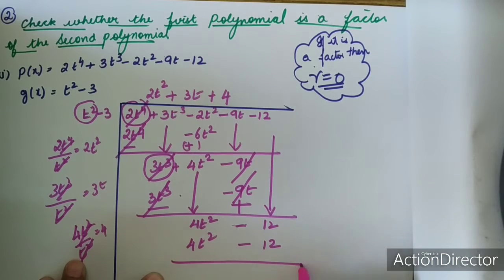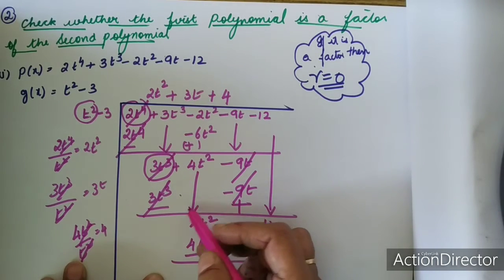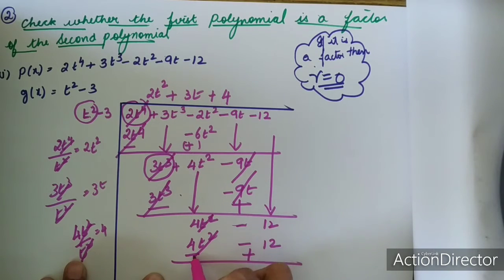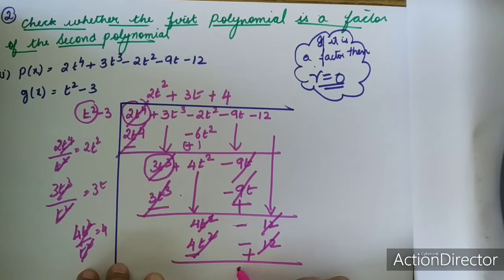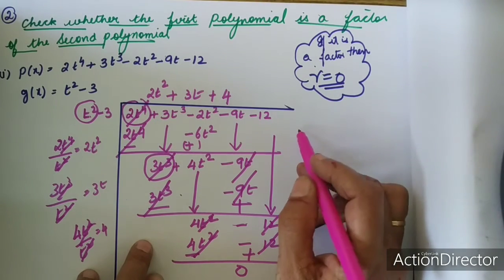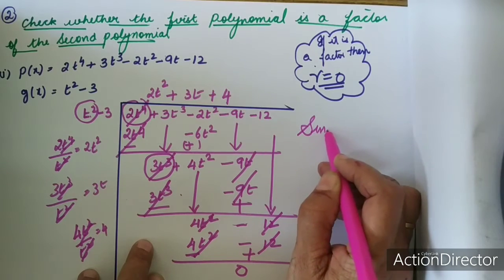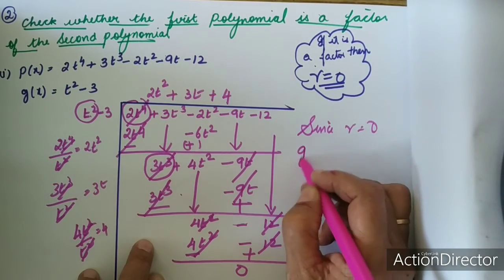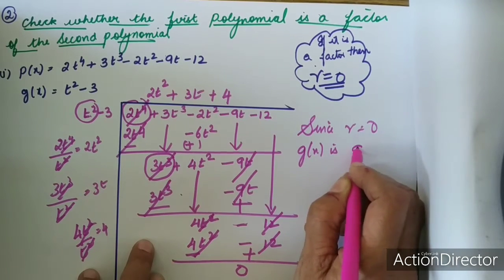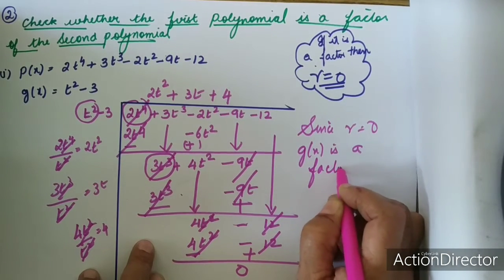So shall I subtract now? 4t square minus 4t square you will get 0, and minus 12 plus 12 also will get cancelled. So this time my remainder is equal to 0. So what is the reason you will be writing? Since r is equal to 0, g of x is a factor of p of x.